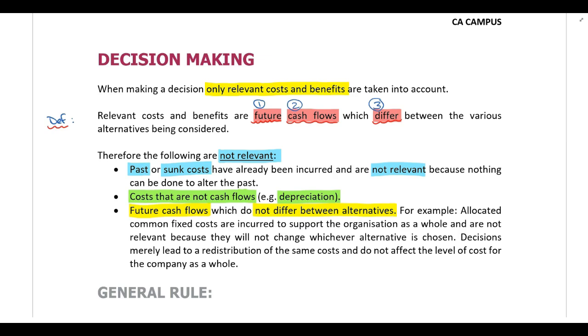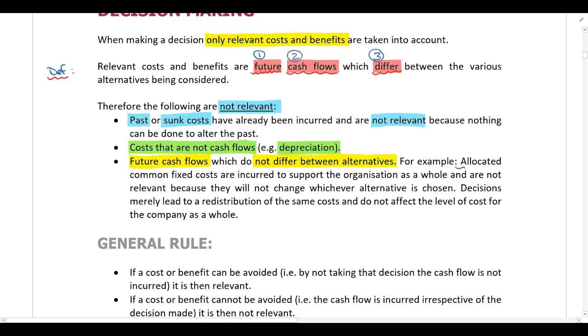However, we're going to look at another example over here as well, where I talk about allocated common fixed costs. So for example, guys, let's say we're dealing with a company that has three different divisions. We've got division A, division B, and division C. And we have head office costs, which are allocated to the three different divisions.